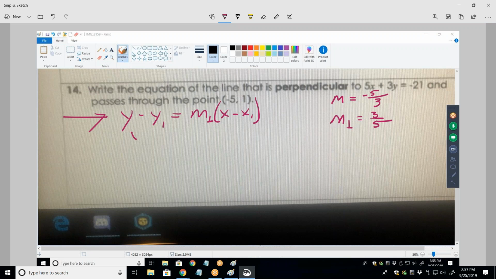When the y doesn't have a subscript, you don't fill it in. That's not the point. The point is y sub 1, that's 1, equals what? 3 over 5, negative 5. What goes inside the parentheses? x plus 5, I guess. That's your answer. That's the final answer, one step.